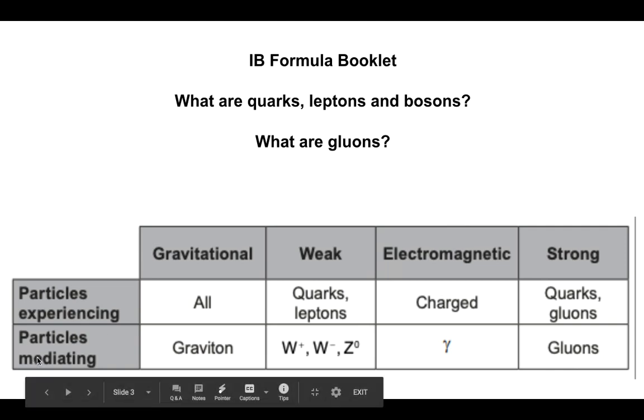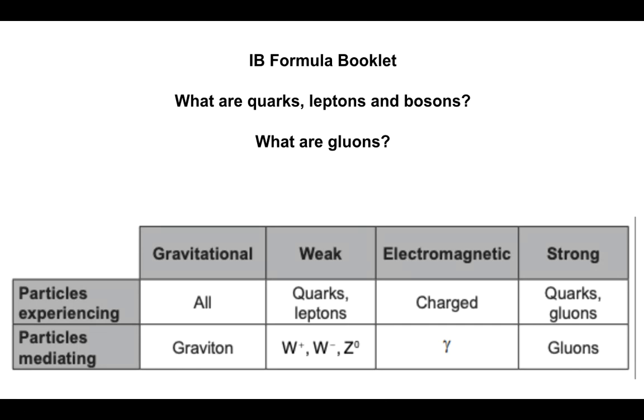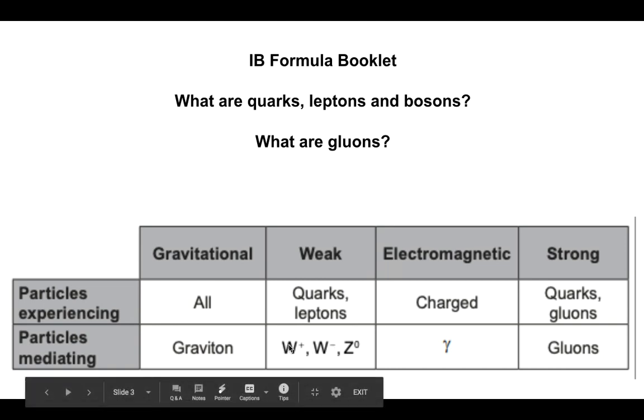Now, particles mediating, what this means is there are certain particles that actually are thought to produce these forces. Gravity is thought to have been made by the graviton, which not a lot is known about, but it's basically a particle that scientists believe causes gravity. These are bosons for the weak nuclear forces. We'll talk more about bosons in a bit.